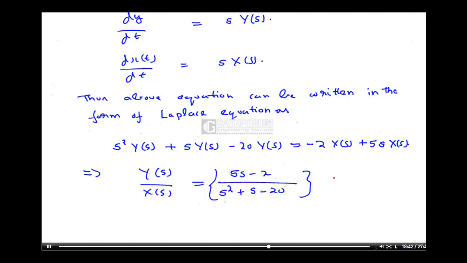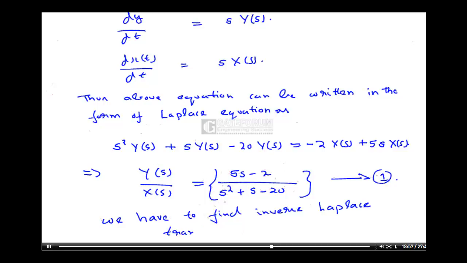Now for this equation 1 we have to find the inverse Laplace transform.